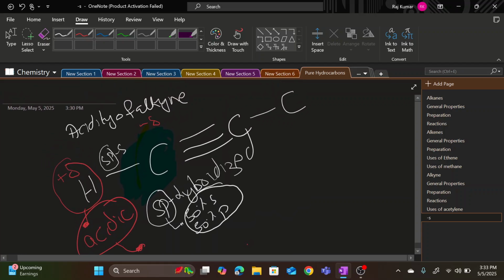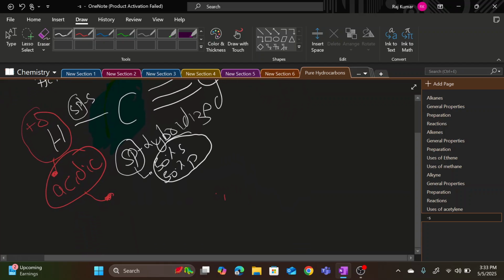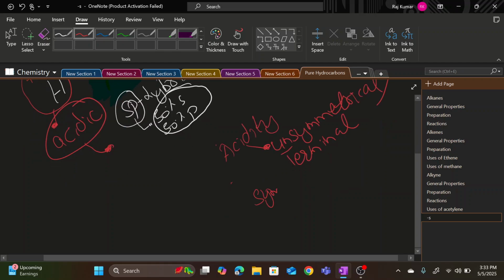So if we take acidity into account, the acidity of alkynes is only possible in unsymmetrical alkynes, or terminal alkynes, while the alkynes which are symmetrical are non-terminal and they are non-acidic.